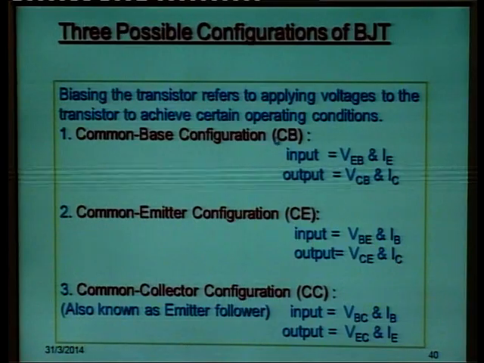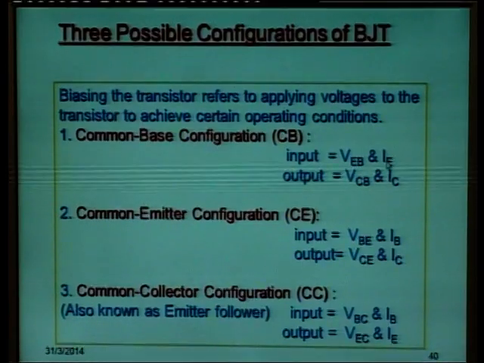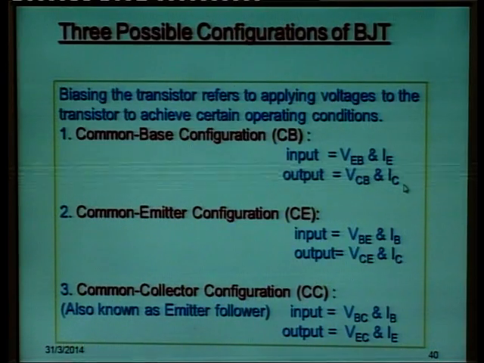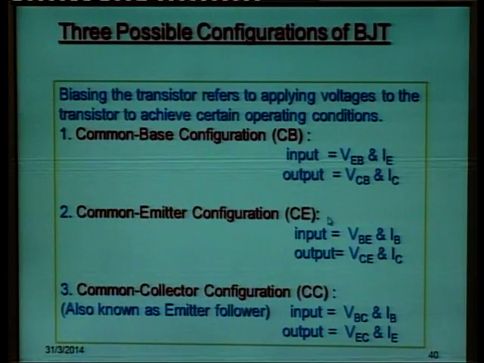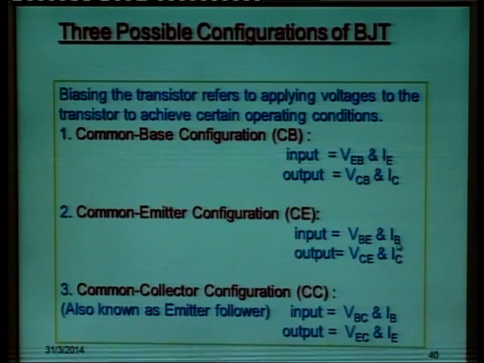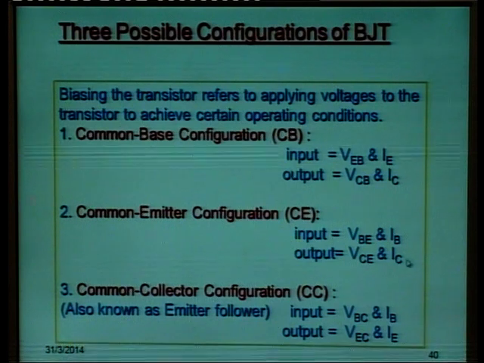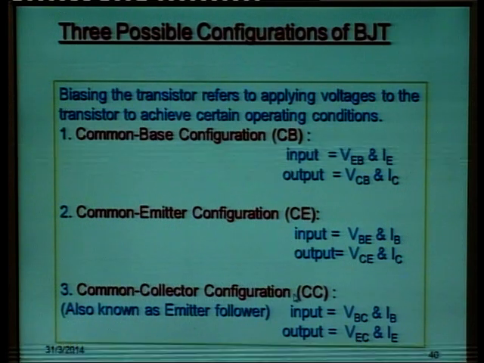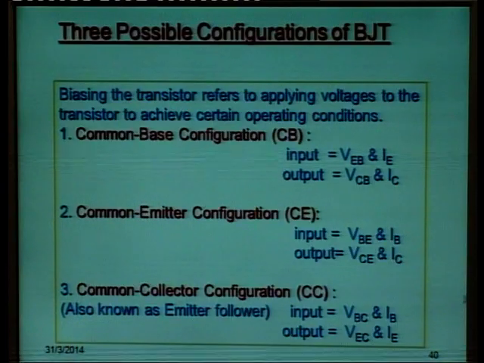If you use common base, means base is earthed, then inputs are VEB and IE, output is VCB and IC. If you use common emitter configuration, input will be referred as VBE and IB, output will be referred as VCE and IC. If it is common collector configuration, input will be VBC and IB, output will be VEC and IE.